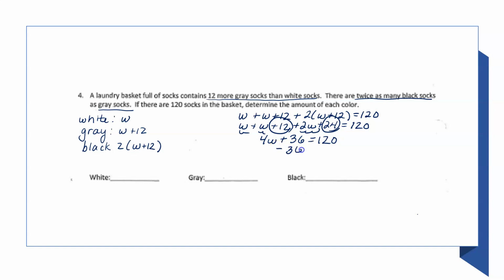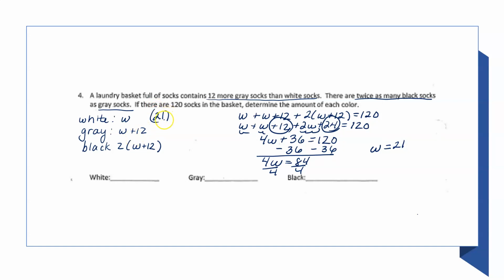We're going to subtract that 36 from both sides. We have 4W equals 84. We're going to divide by 4 to get the number of white socks, which is 21. So there are 21 white socks.